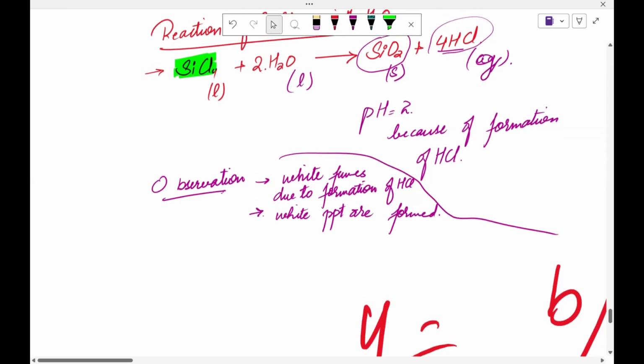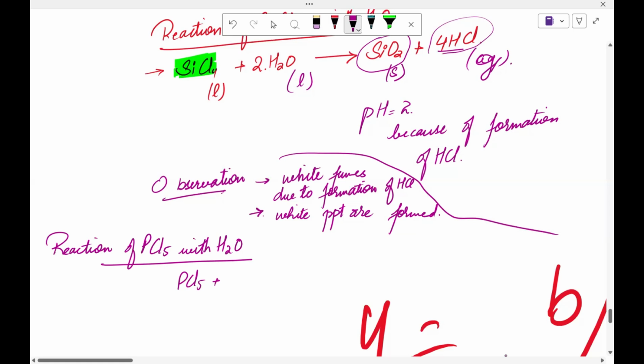Now we have the last reaction, that is the reaction of PCl5 with water. This reaction states that PCl5, which is in solid form, reacts with water in liquid state. HCl is going to form, which is in gaseous form, and then phosphoric acid is going to form as well, which is in aqueous form.